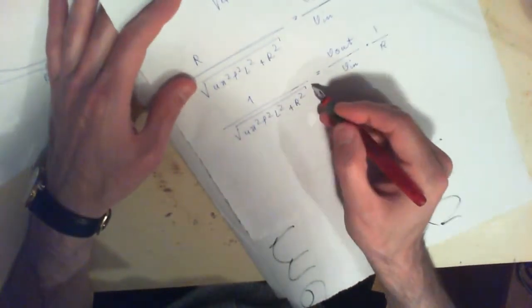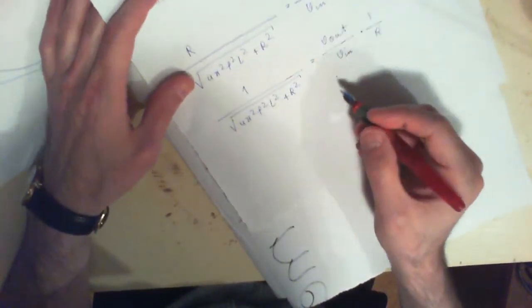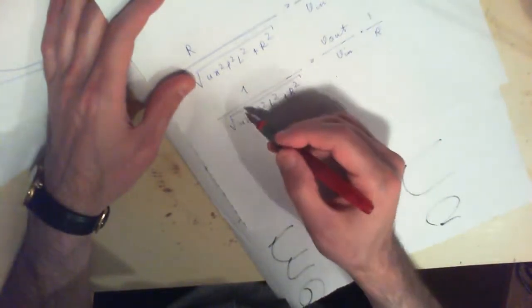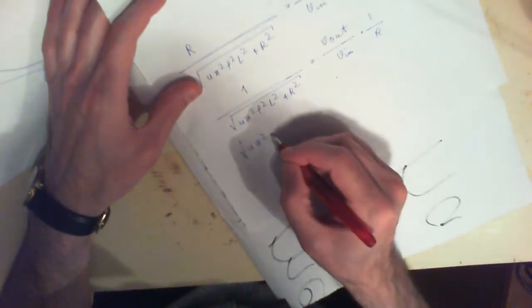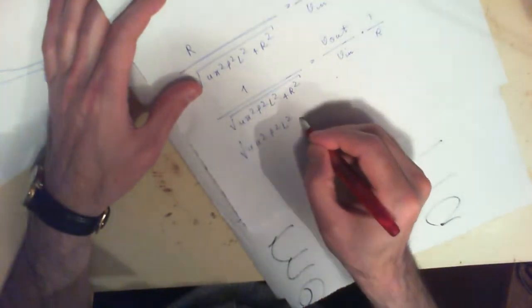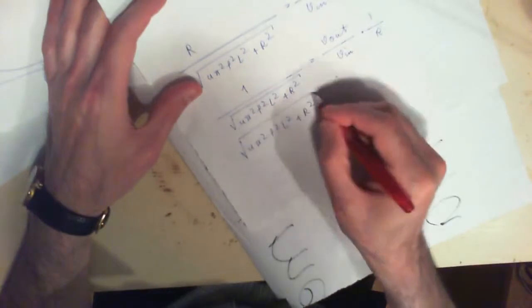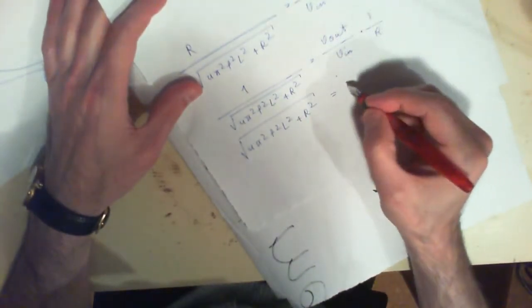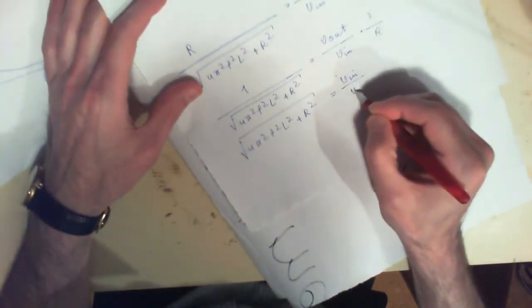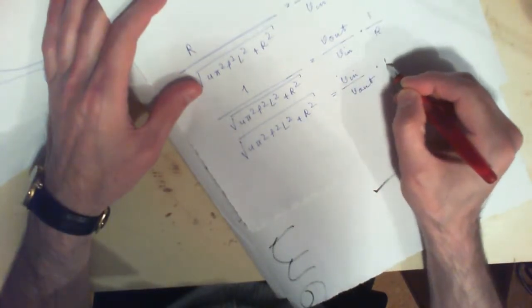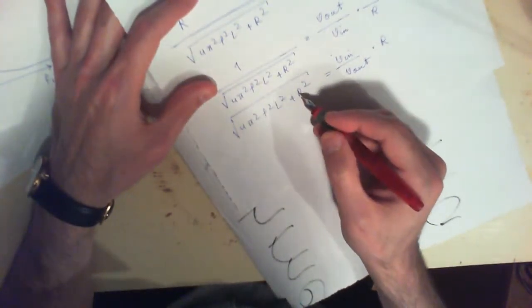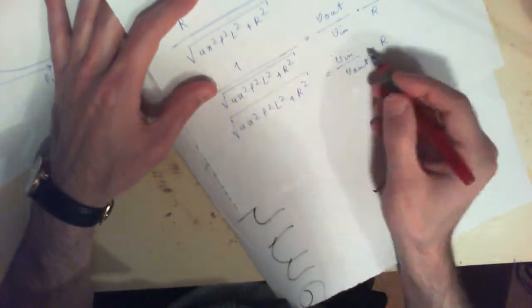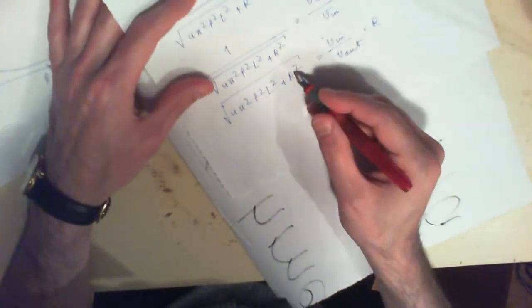Then if I take the reciprocal of all of this, to bring this to the numerator, I'll get the square root of 4 pi squared f squared L squared plus R squared is equal to the reciprocal of this, which is V in over V out times R. Since I want to get the L out, I raise both sides of this equation to the second power.